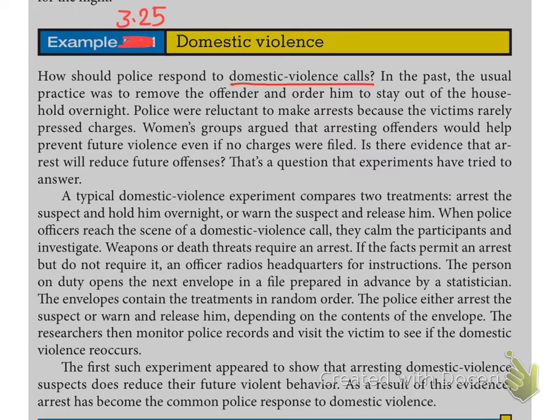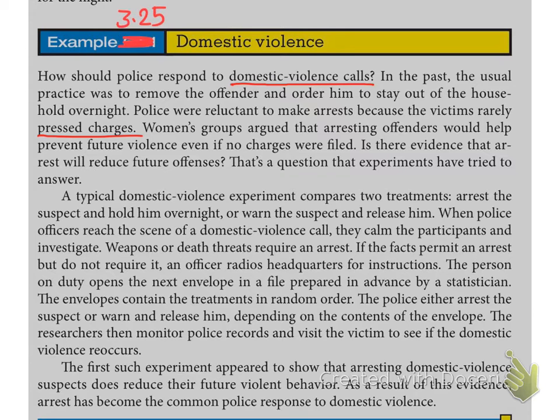Depending on the crime situation, they used to make an arrest. But usually if it's not that violent, the victims hesitate to press charges. They rarely press charges against the person living with them, and especially the women don't file a complaint against the family member.